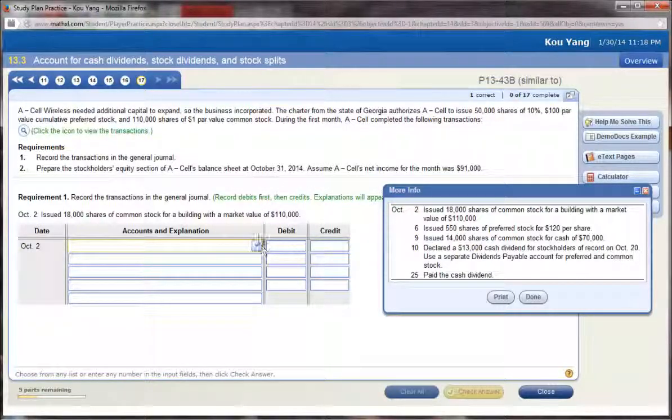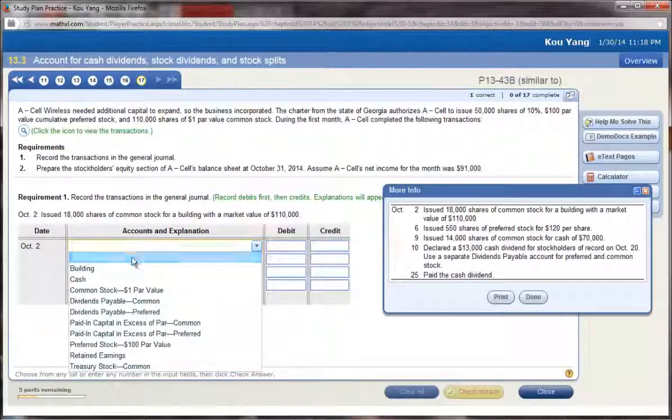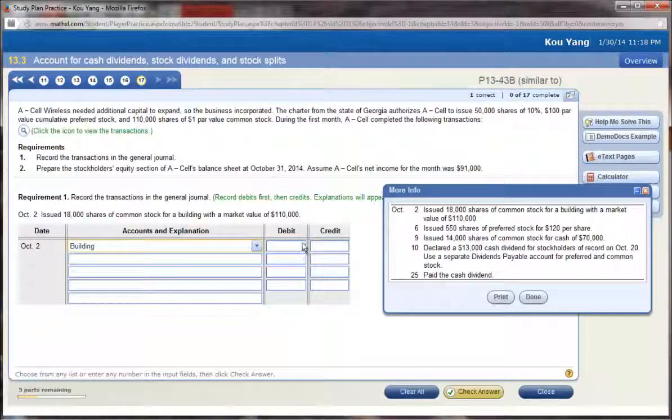In this case, we bought a building, but instead of paying in cash, we gave the seller common stock in the business. Since we are getting a building in return for that stock, we're going to debit building. And the building has a market value of 110,000.